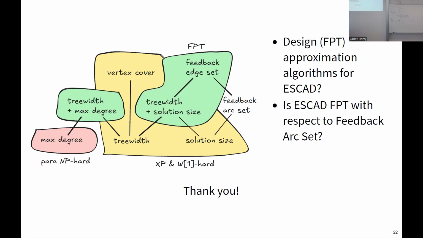And for vertex integrity, there is a matching hardness. I believe it will, wait, no, tractability, right? For vertex integrity, it is FPT in the simple case, which means also for this vertex cover.